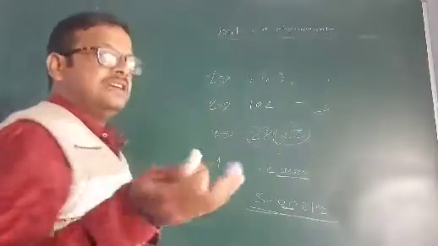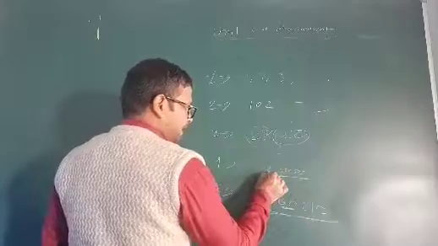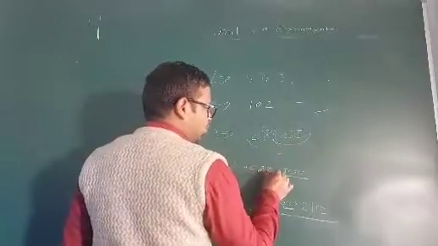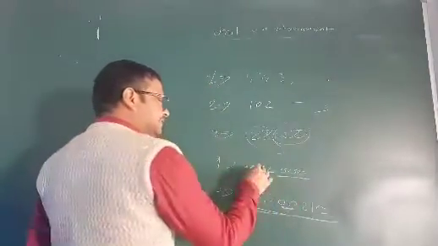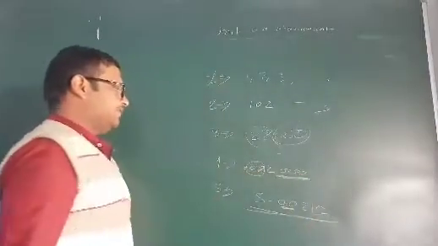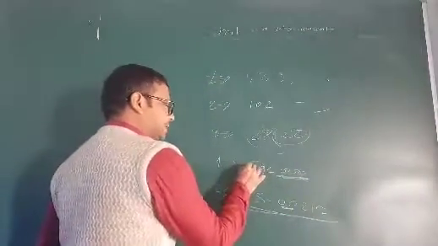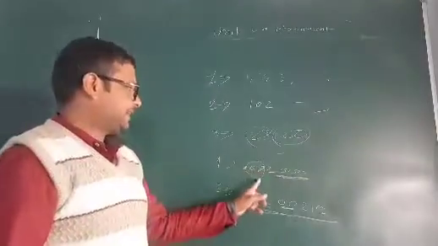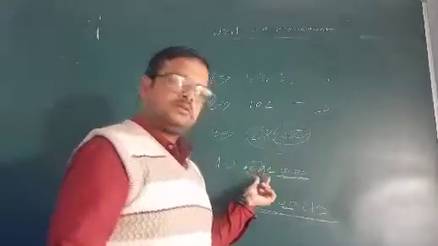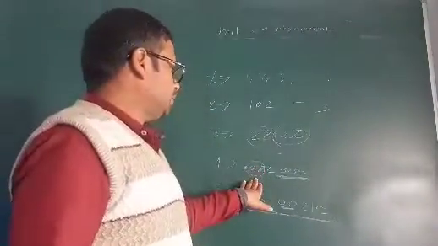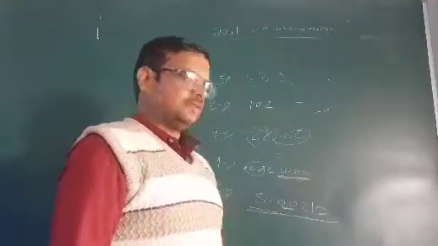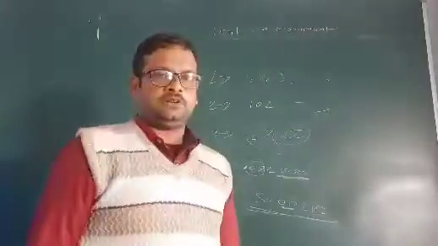But when the data is less than 1, suppose 0.002000, in this case the first 2 zeros are non-significant, but the last 3 zeros are significant. The first 2 zeros come right after the decimal, because this complete data is less than 1. This is the significant figure concept.